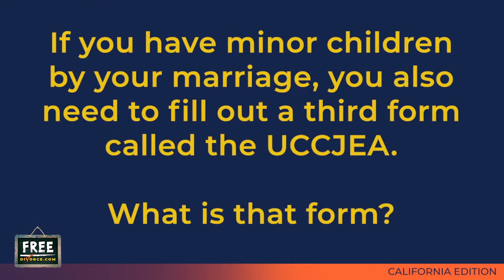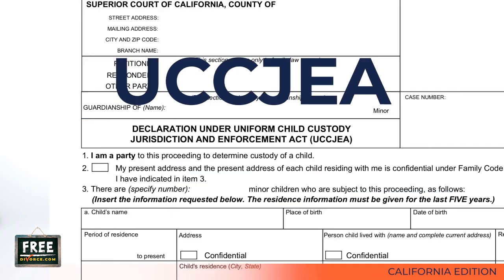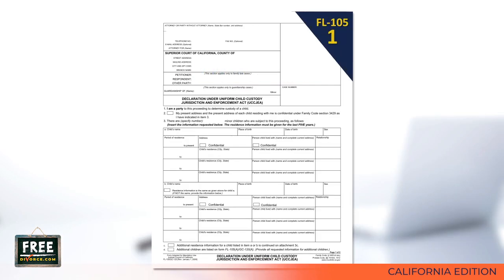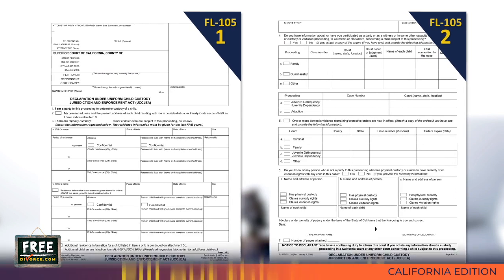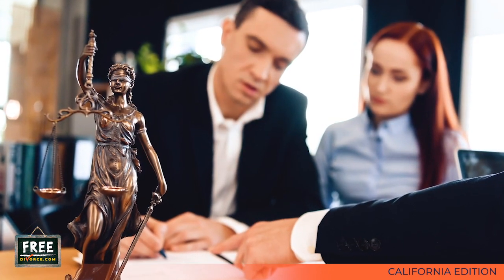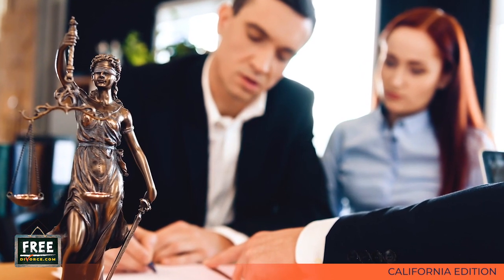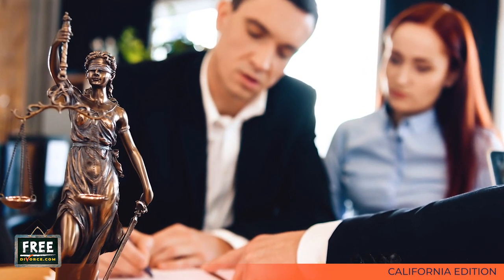You mentioned that if you have minor children by your marriage, you also need to fill out a 3rd form called the UCCJEA. What is that form? The UCCJEA declaration, which is FL 105, is a 2-page form. You only need to fill out this form if you have minor children by your marriage. If you don't have minor children, you can skip this form. The basic purpose of this form is to let the court know if any other court has previously issued orders pertaining to your children.